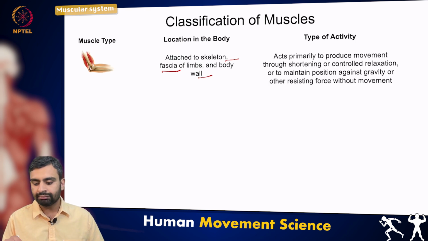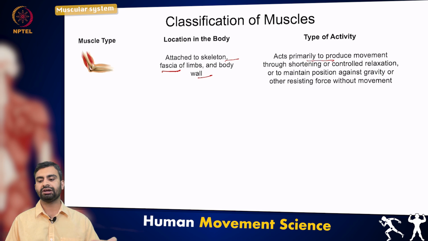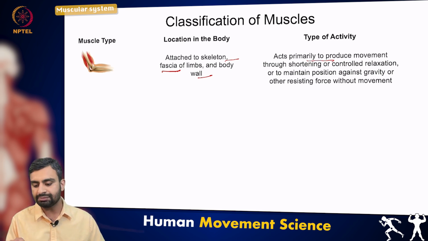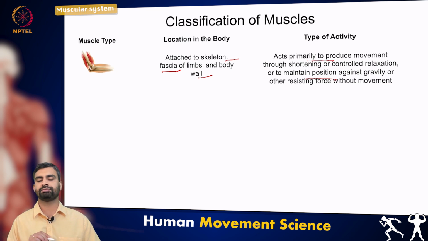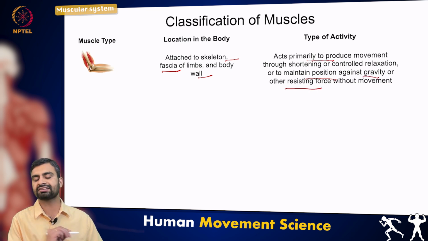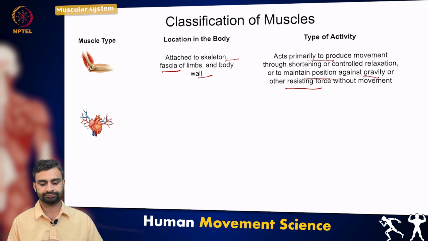They act primarily to produce movement by shortening or controlled relaxation of the muscle tissue. This also helps in the maintenance of posture or position against gravity or some other external resisting forces, which does not result in a movement.